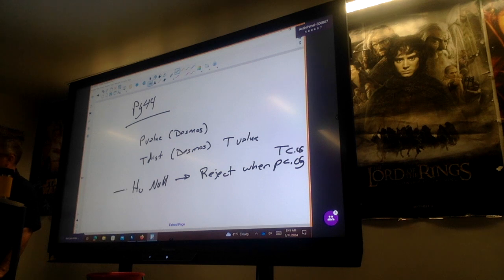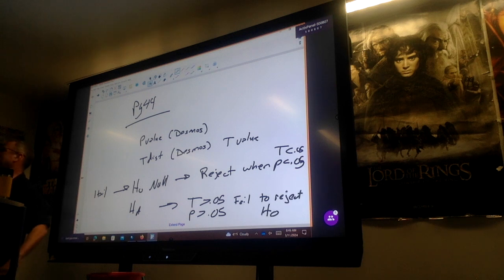And this would be in a one-tail situation. If it's two-tail, you have to double that. Okay? The alternative: if our t was greater than or equal to 0.05 or our p was greater than 0.05, then we would fail to reject the null.